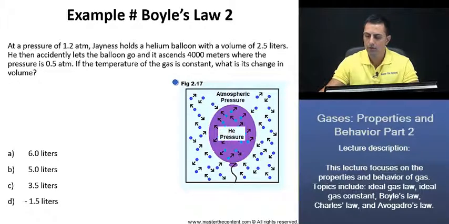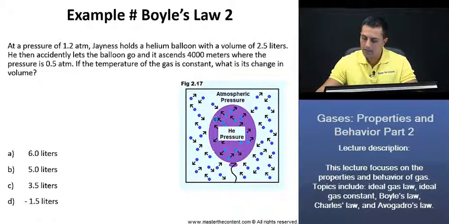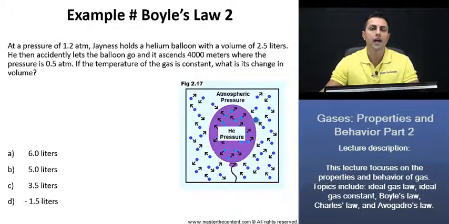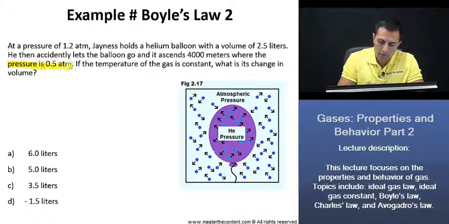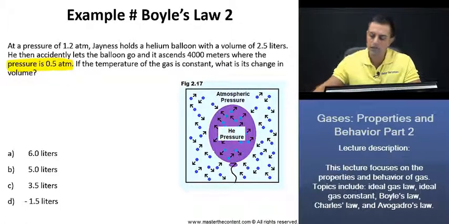Looking here at figure 2.17, initially, since the volume does not change, we know that there's going to be a constant balance between the internal pressure of the helium gas inside the balloon and the atmospheric pressure. Thus, we can say the internal and external forces are going to be balanced. Now, as the balloon ascends 4,000 meters, the pressure is going to be 0.5 atmospheres, thus the pressure decreased.